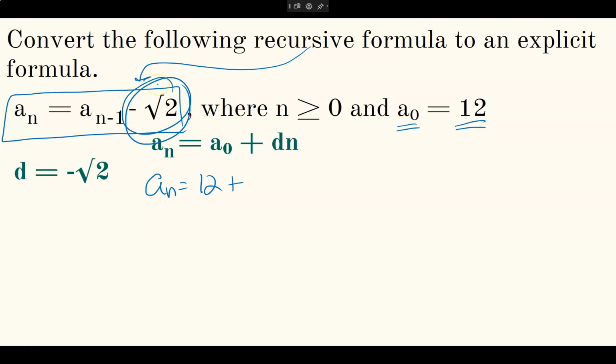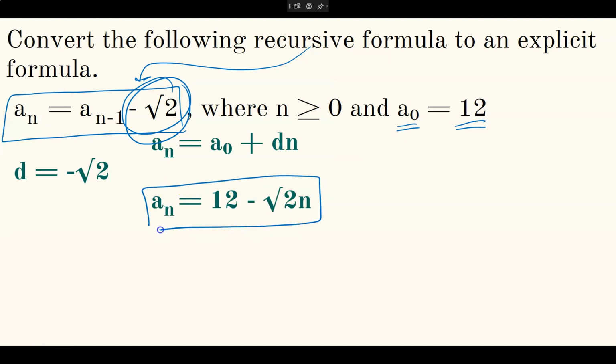Right here, n minus 1 plus d. Well, my d is negative square root 2, so my difference is negative square root 2. So we plug in our information that we have. Here is our explicit formula, when we have a sub 0 and we find our difference from the recursive formula.